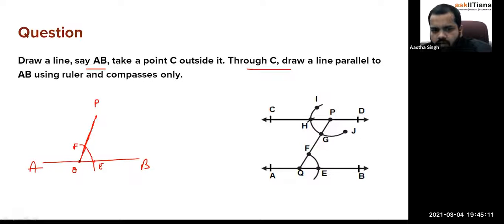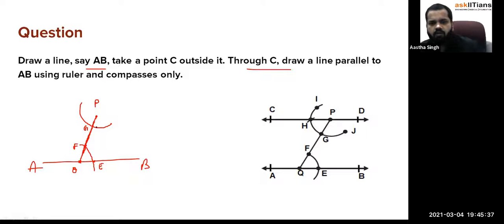Now make the compass pointed tip at Q and pencil at F, so that from that center Q, with the same radius, you draw an arc like this. It will cut at point G. Clear or not?